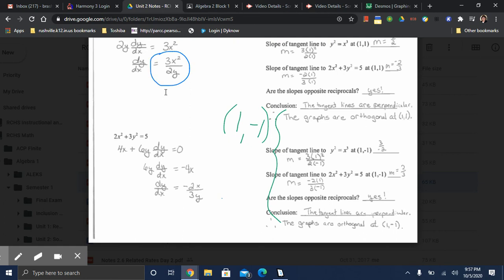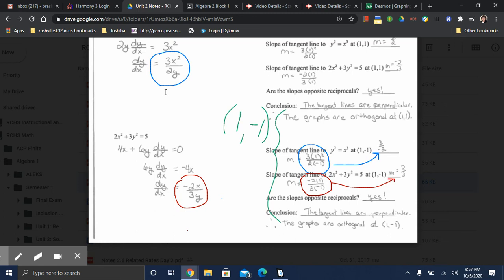We found the derivative, and so we can substitute in 1 and negative 1. We find that our slope is 3 over negative 2. And then our next equation's derivative was negative 2x over 3y. That work is shown right here. Substituting in 1 and negative 1, we get a slope of 2/3.